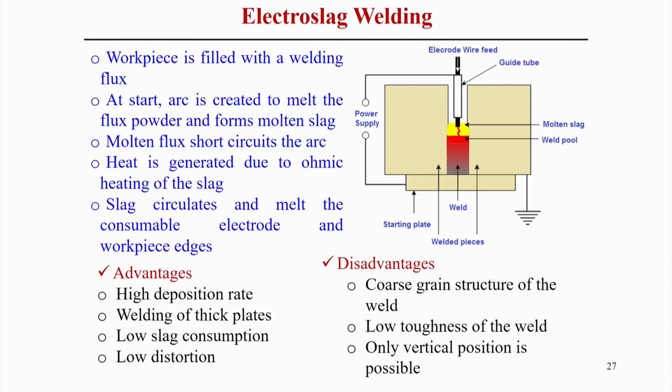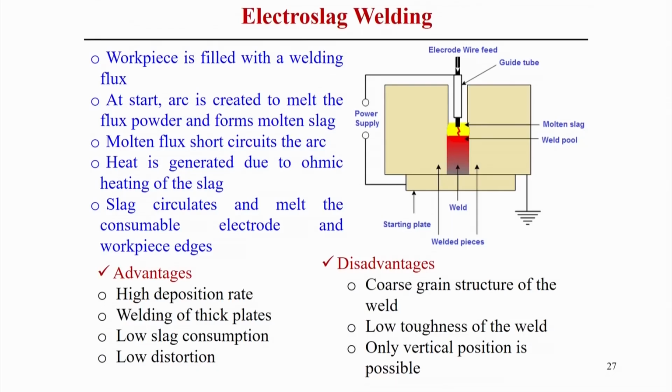The wire electrode and guide tube with the flux produce the molten slag, and indirectly that molten slag produces the weld pool.